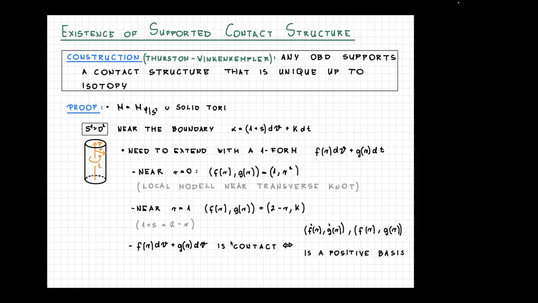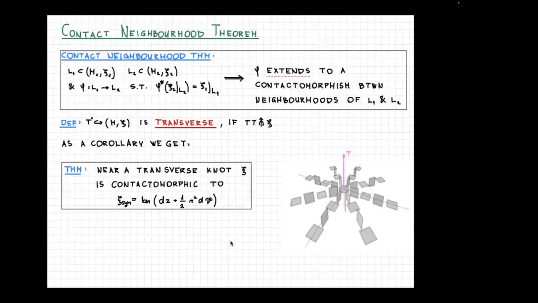I also know how it should look near the binding, because the binding is a transverse knot. If you remember, we had a local model for how contact structures look near transverse knots. That was fairly early in the talk. It had to look like dz plus half r squared d theta. And now I'm going back.